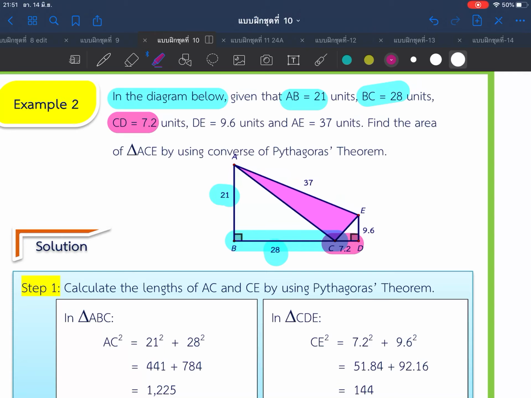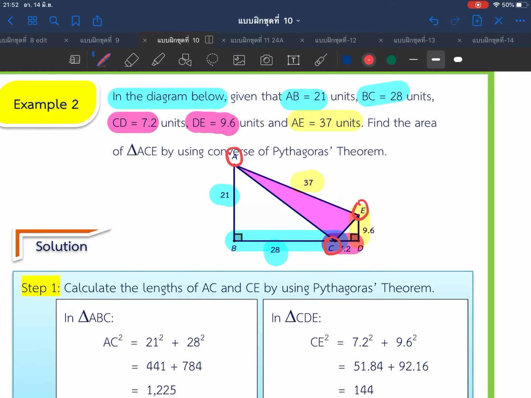DE is 9.6 units, this is DE. And AE is 37. Find the area of the triangle ACE by using the converse of Pythagoras theorem.